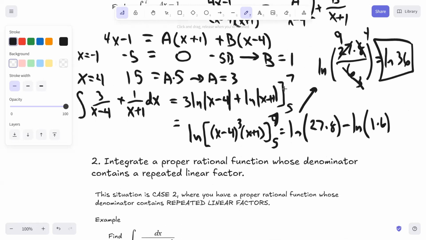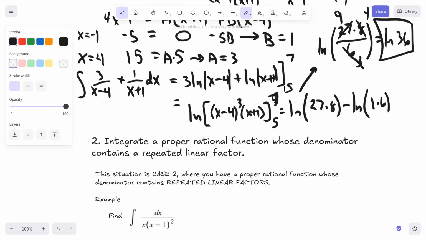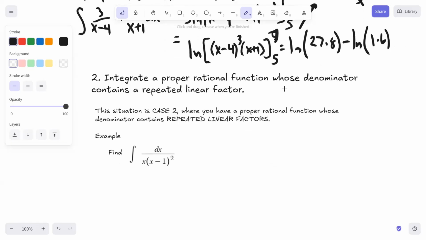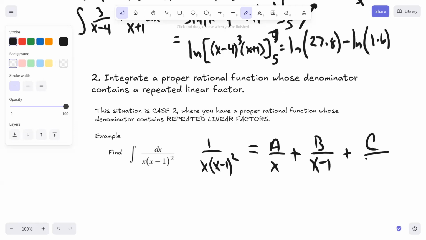Next thing we want to do is look at what happens if you have repeated linear factors. This is what we would call case 2. Here, we set it up in a similar way, but you have to account for all the repetitions of each linear factor. So you would have 1 over x times x minus 1 squared equals, so that's the integrand, A over x plus B over x minus 1 plus C over x minus 1 squared.